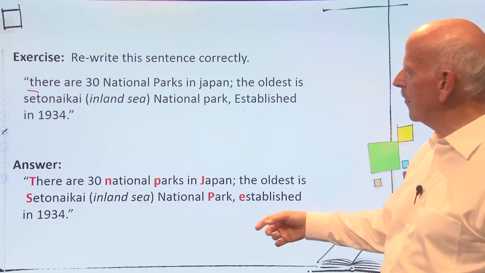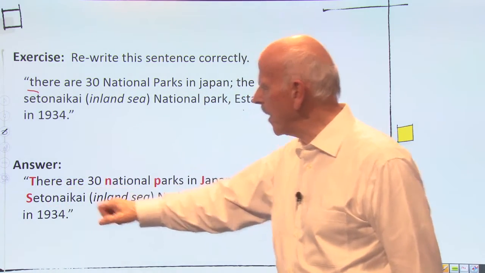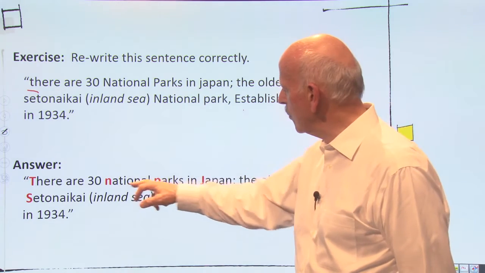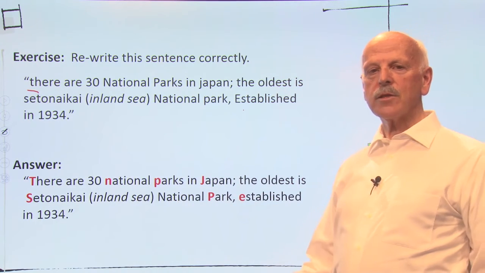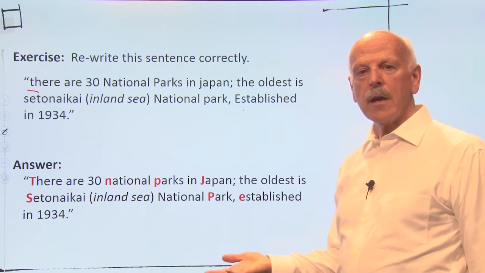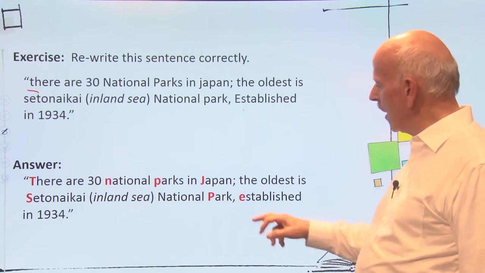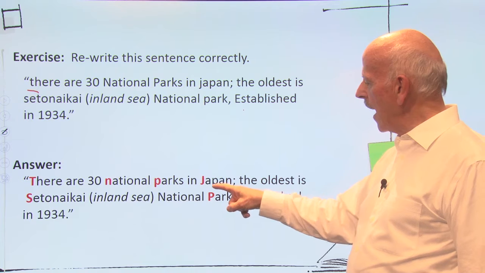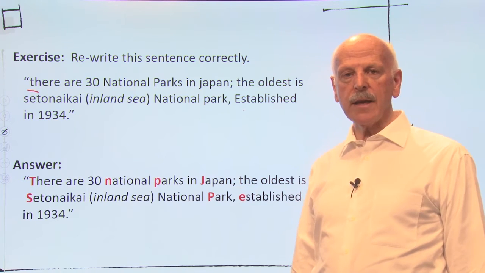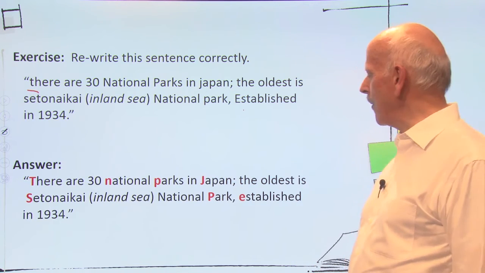And here's the answer. There must have a capital T. National parks is just a generic term, and it doesn't need the capital N or the capital P. Japan, of course, is a country, and every country must have a capital letter.